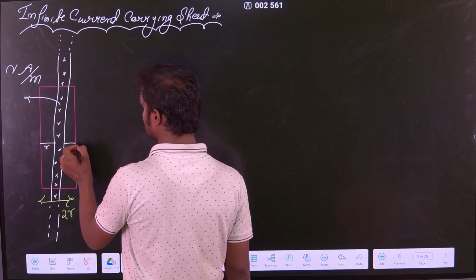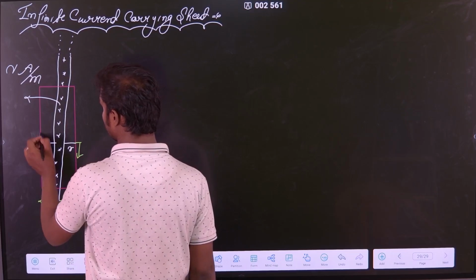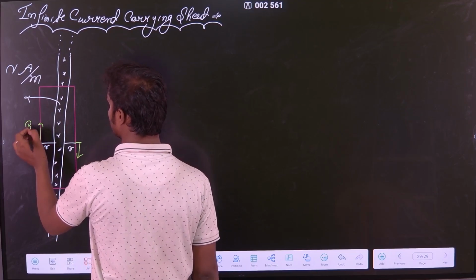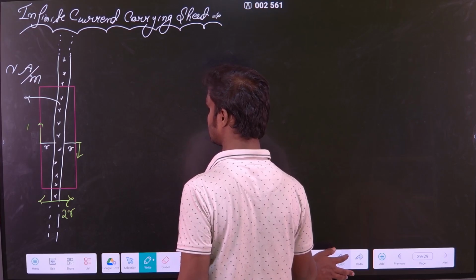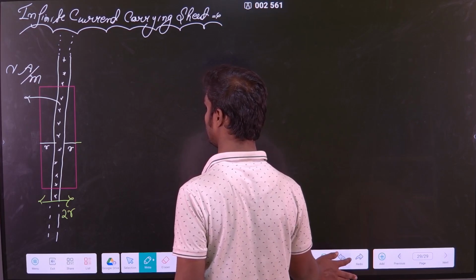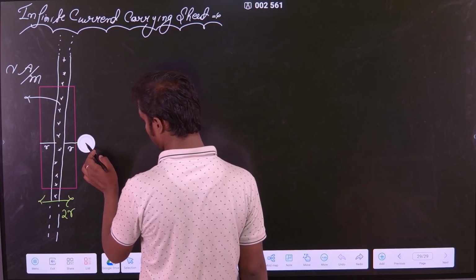So in this direction the magnetic field will be downward, correct? For this surface the magnetic field will be upward, B, B. Now someone will ask why sir you have taken both the value B, you don't know whether it can be B also, or something else.